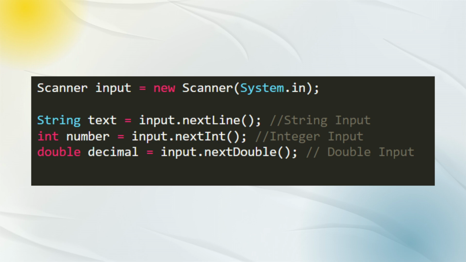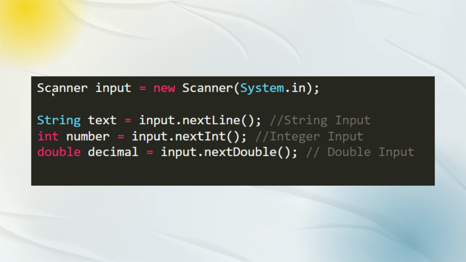To take the input of a string, you do String text = input.nextLine(). Text is just a variable name that I decided to choose; it can be anything. The main things we need to look at are input.nextLine, input.nextInt, and input.nextDouble. input.nextLine takes a string input, input.nextInt takes an integer input, and input.nextDouble takes a double input.